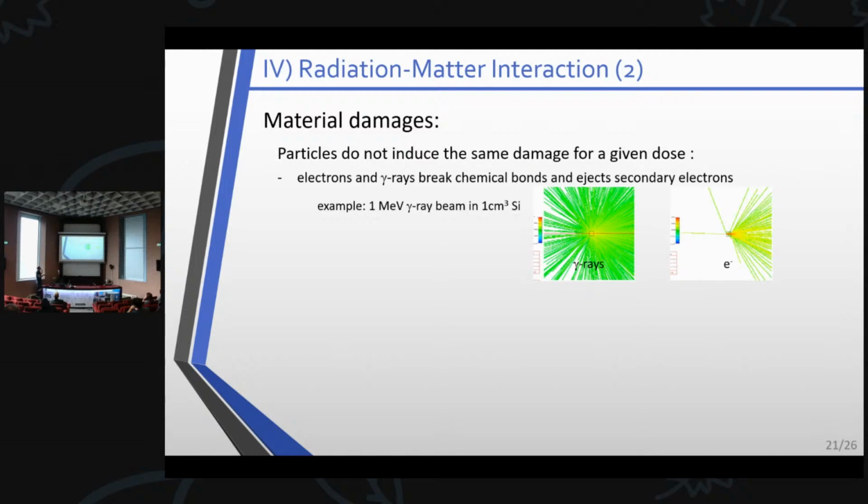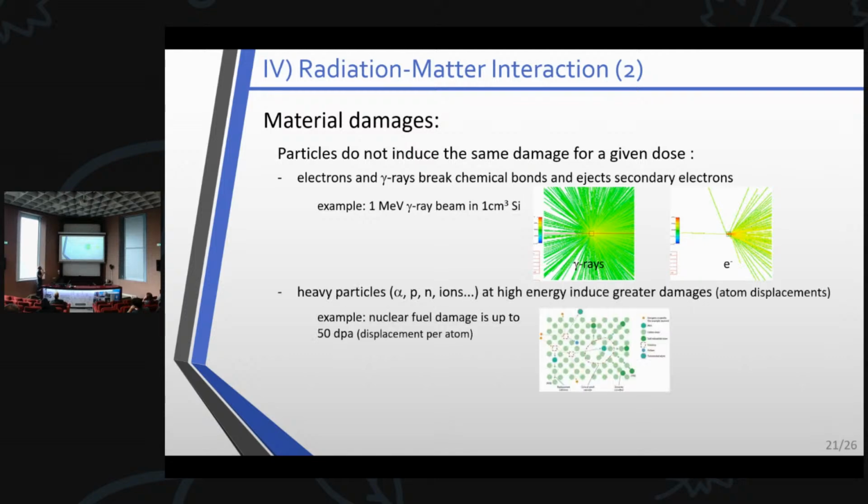On the contrary, heavy particles like alpha, proton, neutron, or heavy ions, if they have a high energy, can induce atom displacement. They can knock an atom, not an atom, a nucleus, and make it move to another seat in the matter. And it is called atom displacement. It is very famous in the nuclear industry.